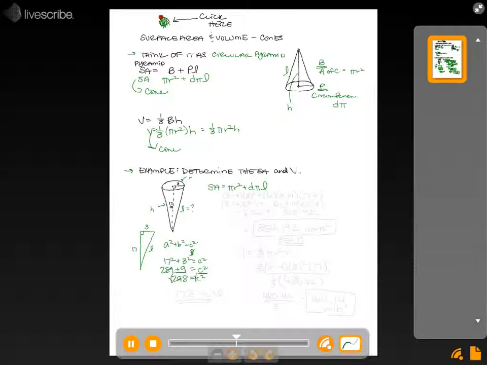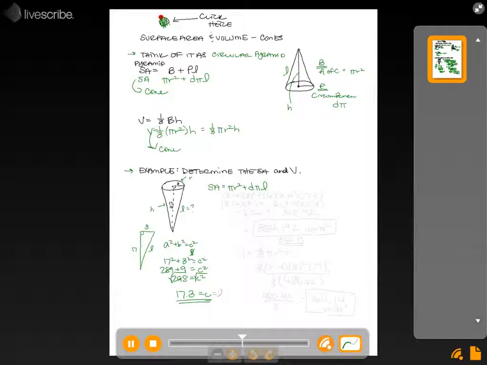Square root that, we'll round this to the tenths place. Square root of 298 is 17.3. Now, it's typical that you'll have to find that when you're finding surface area, so make sure you remember the Pythagorean theorem to find slant height.